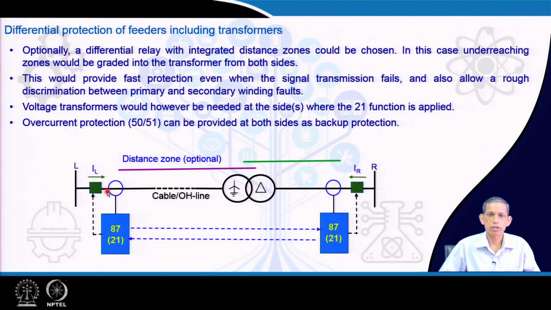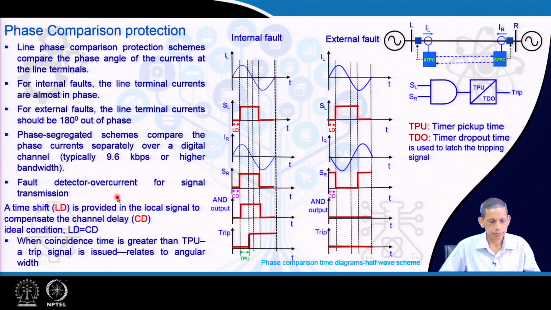In case of communication failure, the arrangement is also supplemented by overcurrent protection 50 or 51 on both sides. Today's relays are pretty powerful, and they can integrate different principles altogether, depending upon the availability of signal, and make a combined decision for the reliable operation of the protection scheme.